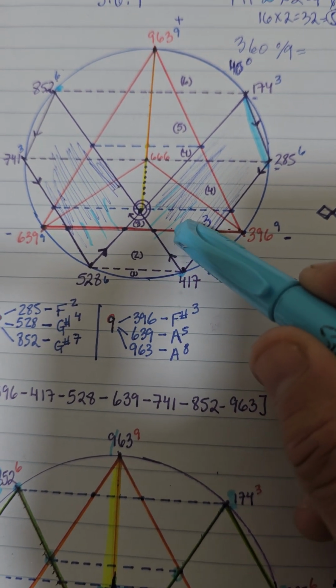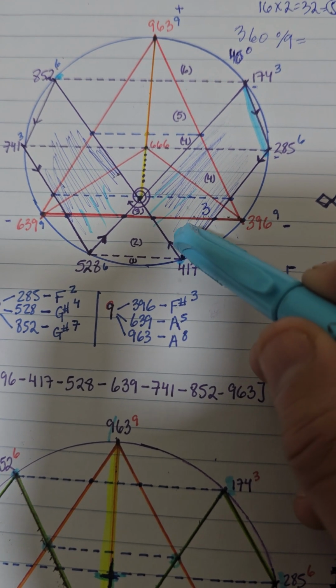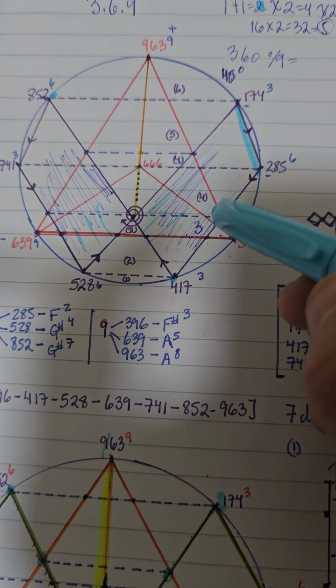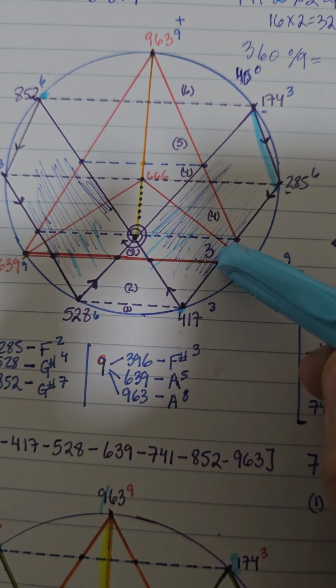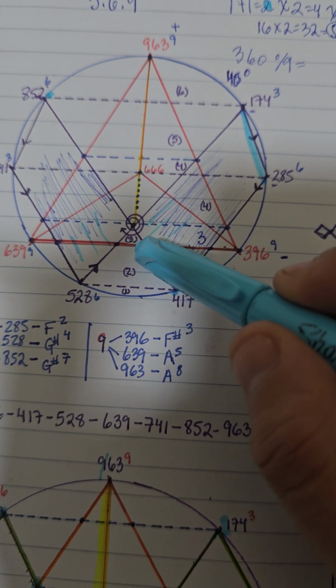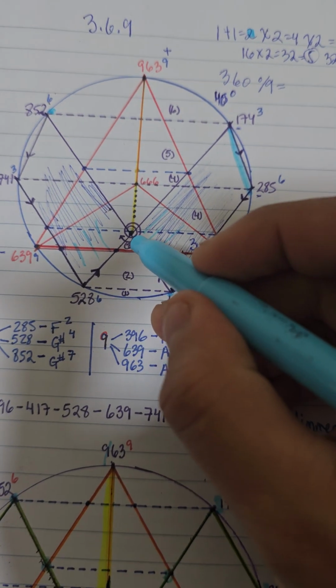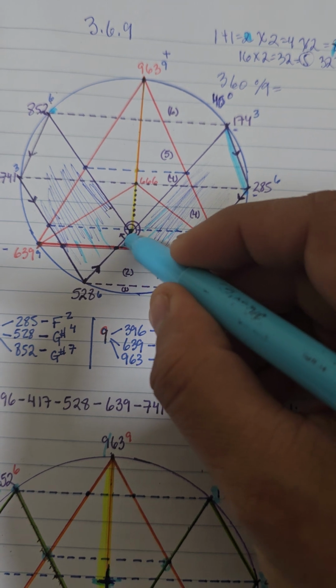The second dimension is here between first and the third. And the third is actually small. It's right here. This is the cornerstone.